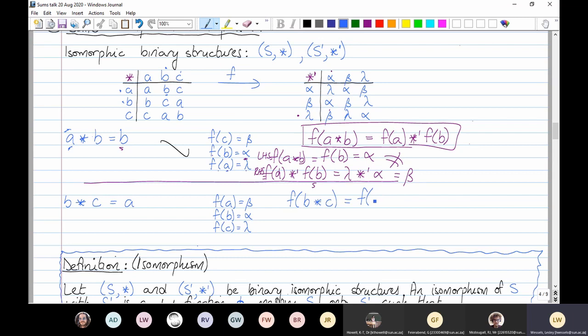That should be F of A. What is F of A in this case? It's equal to beta. Okay, so that's my left-hand side.